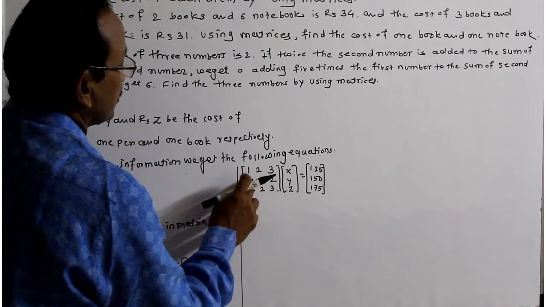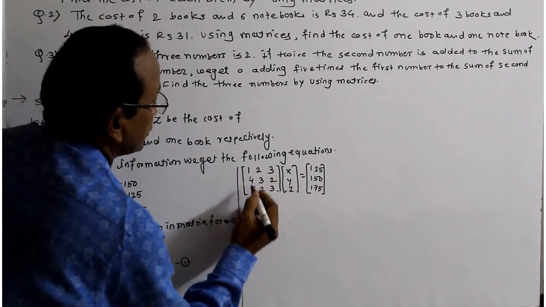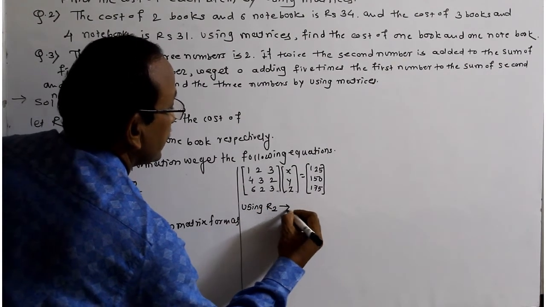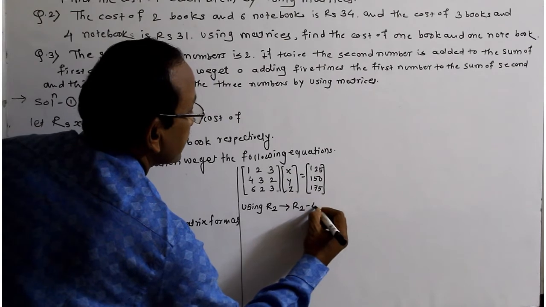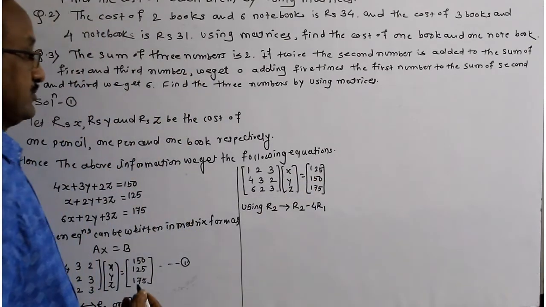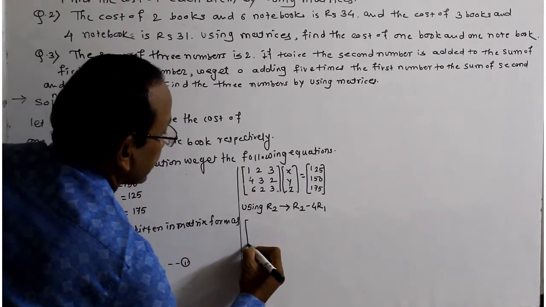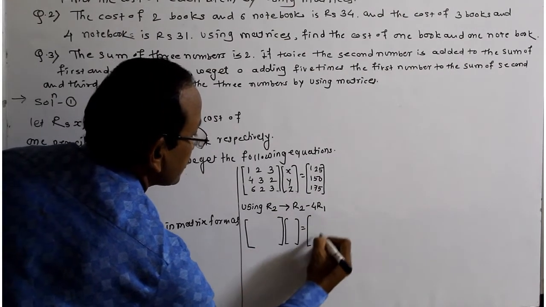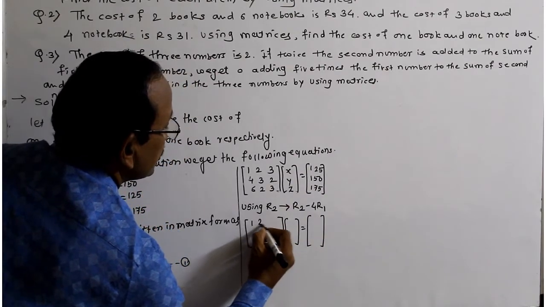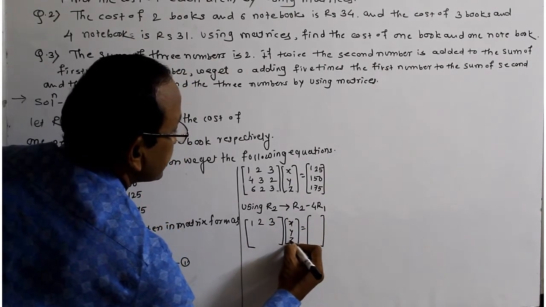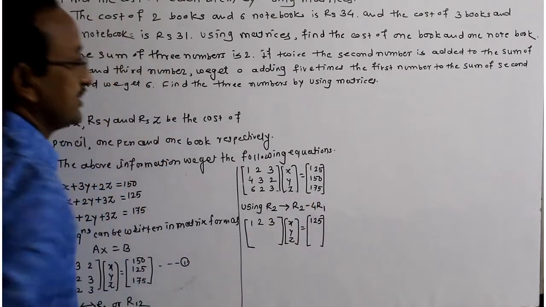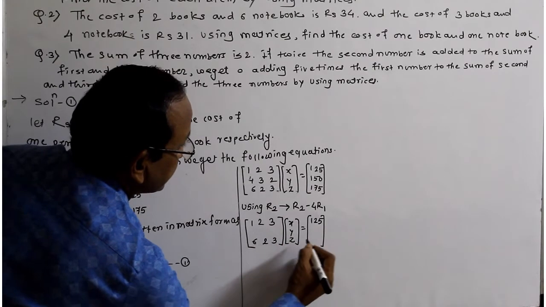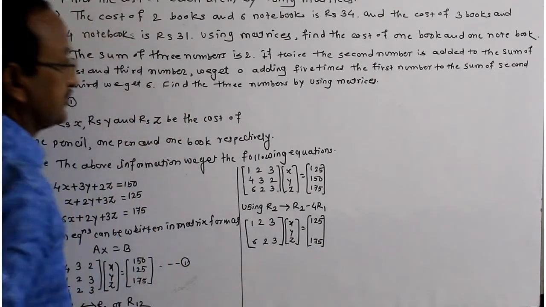Now to obtain these two zeros here, to obtain the zero here, using operation R2 implies R2 minus 4 times R1. So operate here: 1 2 3, x y z, equals 125. The third row, keep as it is, 175.